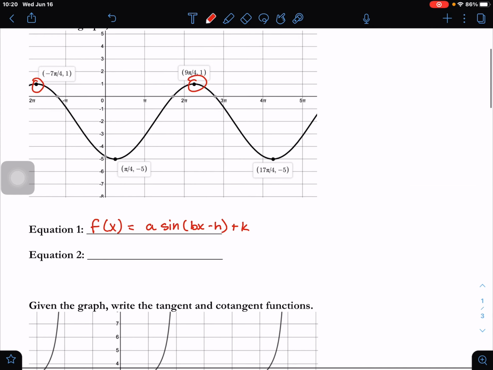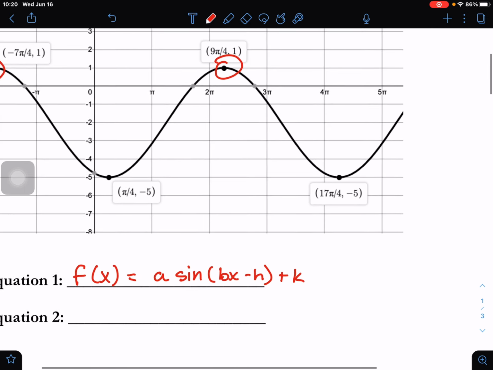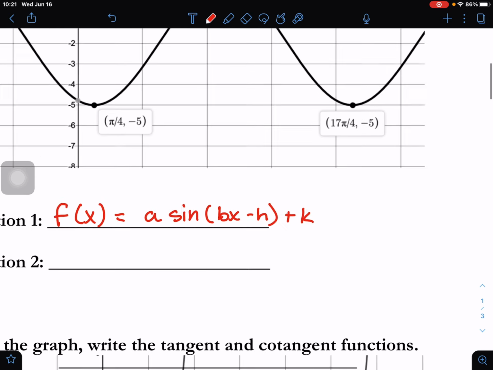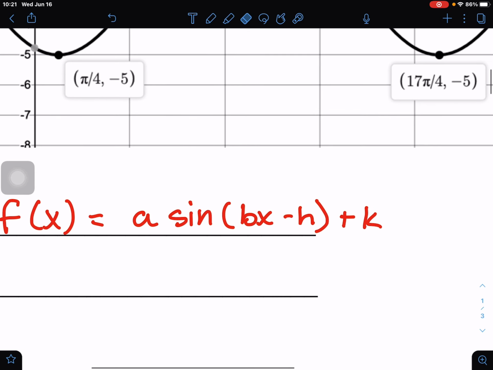So like this. So as you can see here, if we look at the period, it's 4 pi, which is double the normal. So we know that this b right here has to be a 1/2 x.